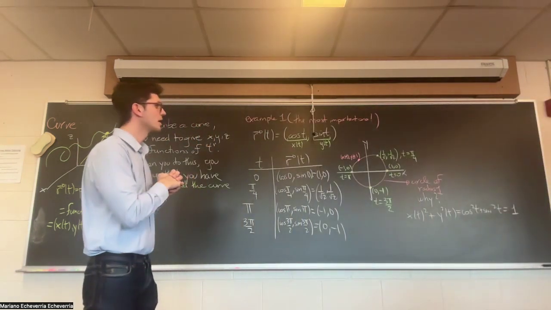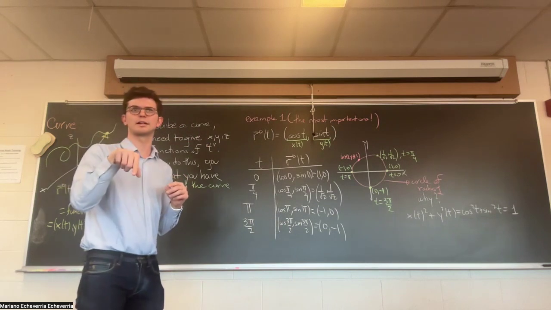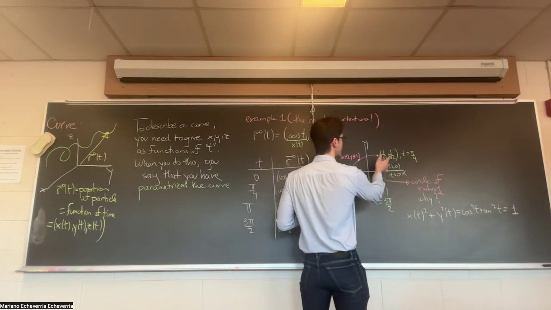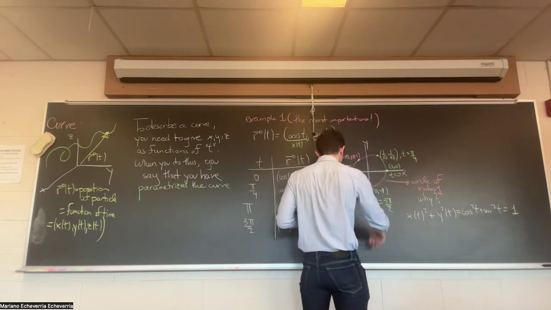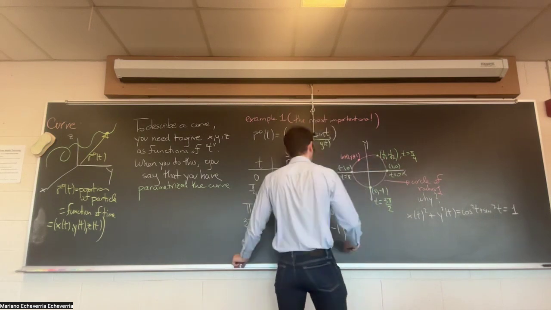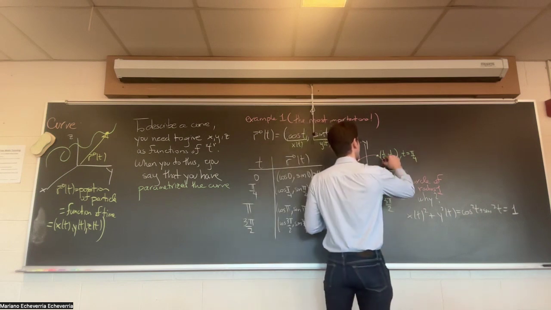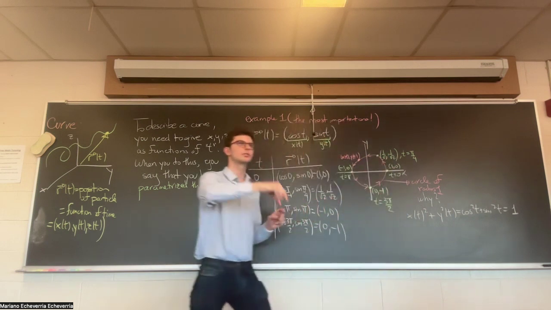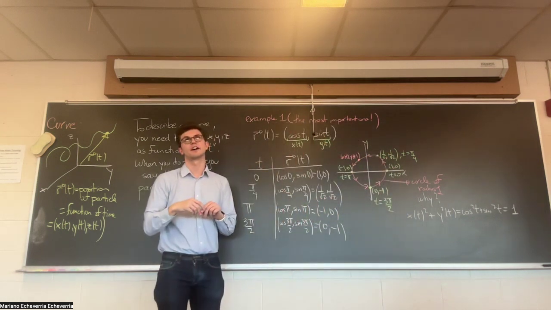And how are you moving along this curve? You're moving counterclockwise, because from t equals 0, you first move along the first quadrant. As time increases, it is describing the unit circle in a counterclockwise fashion.